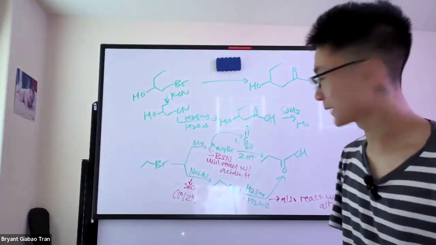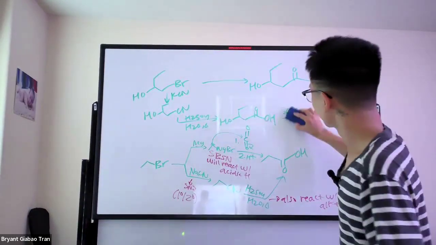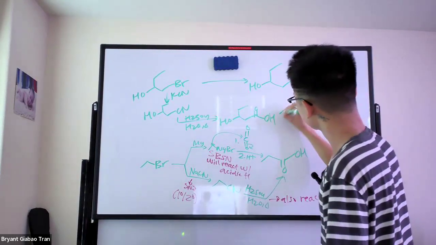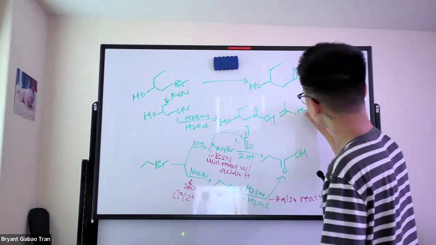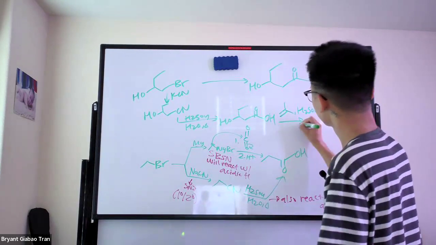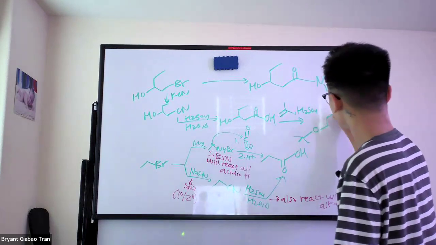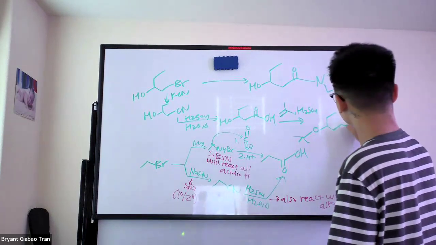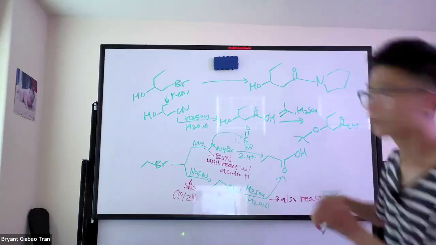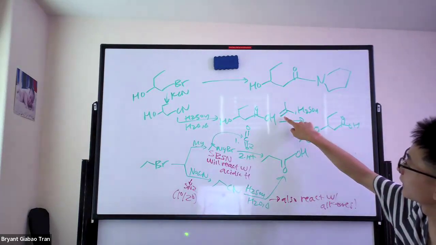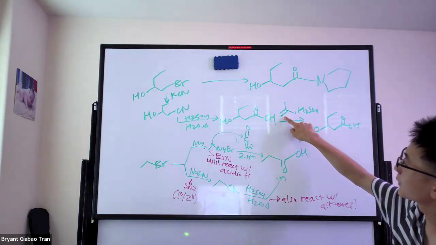This is going to be an alkene reaction. So we could use this alkene with H2SO4 to protect the alcohol and create this structure here. Because what happened here was that this acid reacted with the alkene, right?